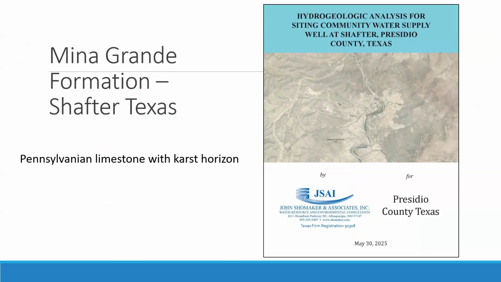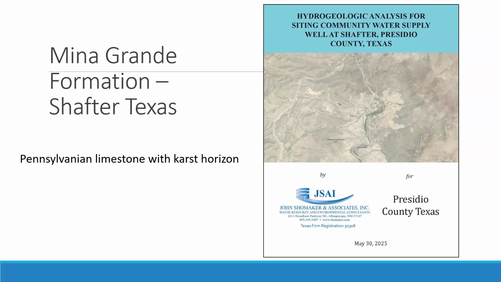This might be my last one. So this is a project we did for Presidio County last year, and it's at Shafter. You know where Shafter is? Shafter's sparsely populated, but in dire need of water. And it's geologically complex.